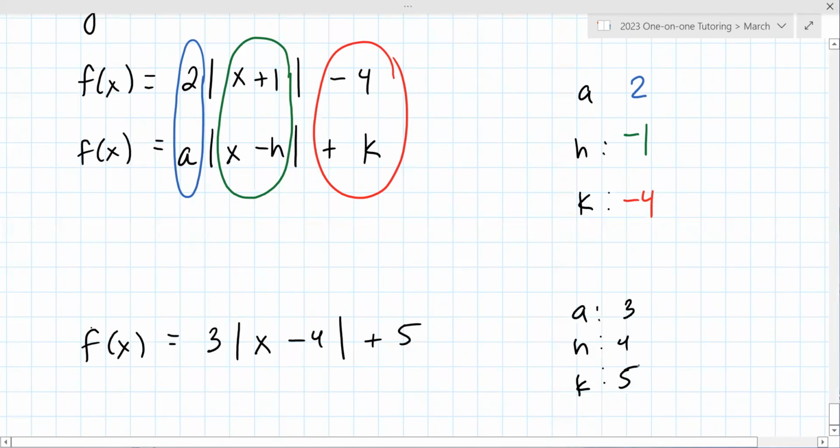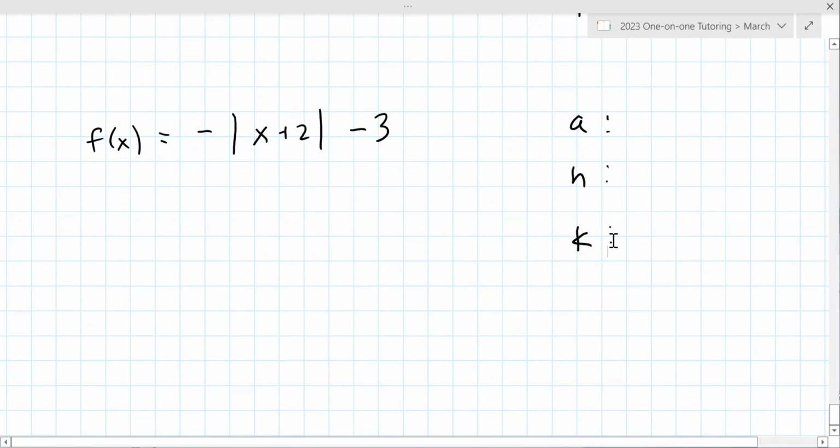You got it. Let's try another one. A, h, and k, please. -1, -2, -3. You got it. Now they won't be patterned that well, but I wanted to show that.